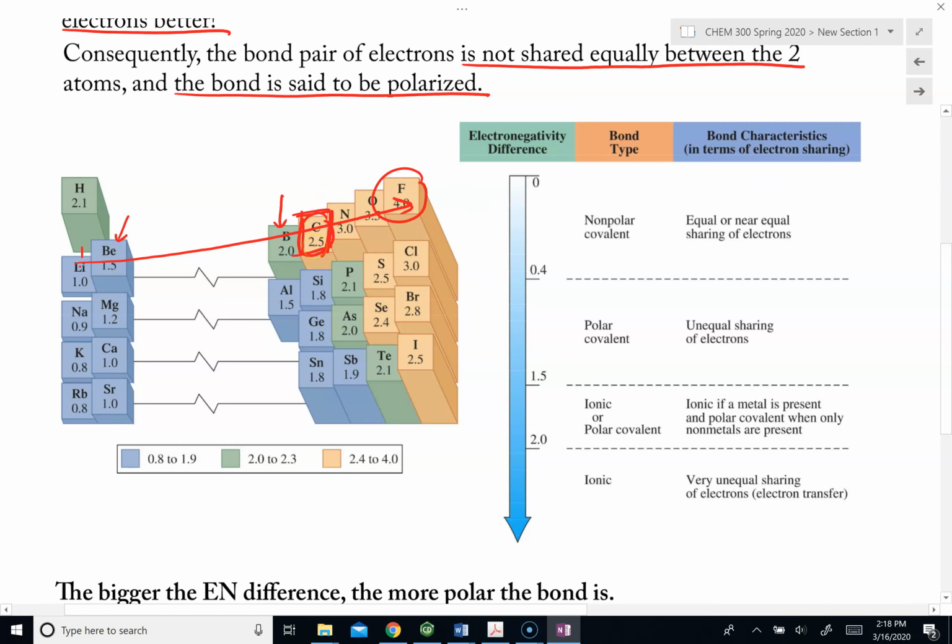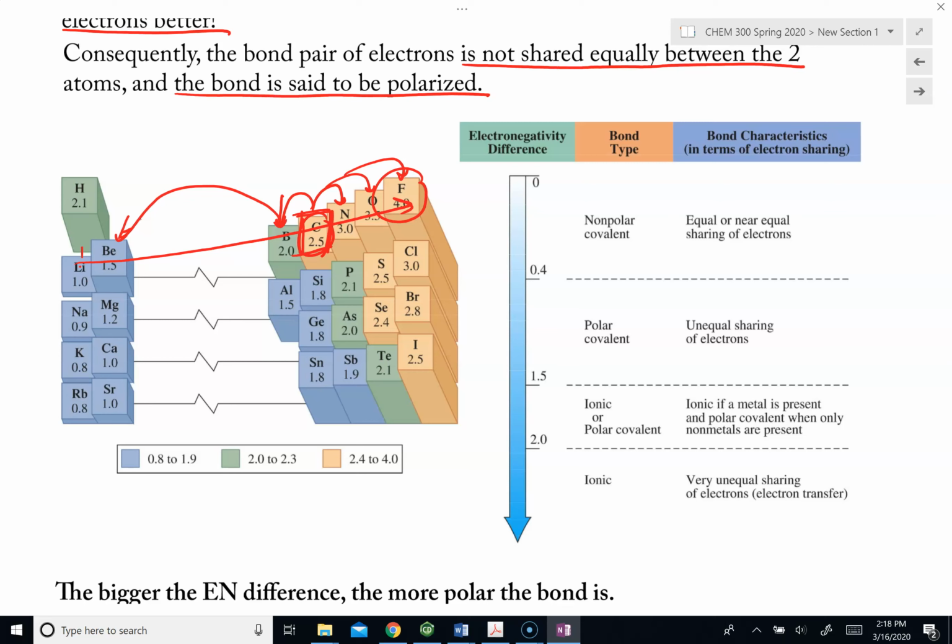Carbon is a very common element that you will see in organic chemistry and in more chemistry classes, so it's good to remember that value. Once we remember the electronegativity of carbon is 2.5, going to the right of carbon it increases by 0.5, and going to the left it decreases by 0.5. Therefore, we'll be able to figure out all of these electronegativity values.